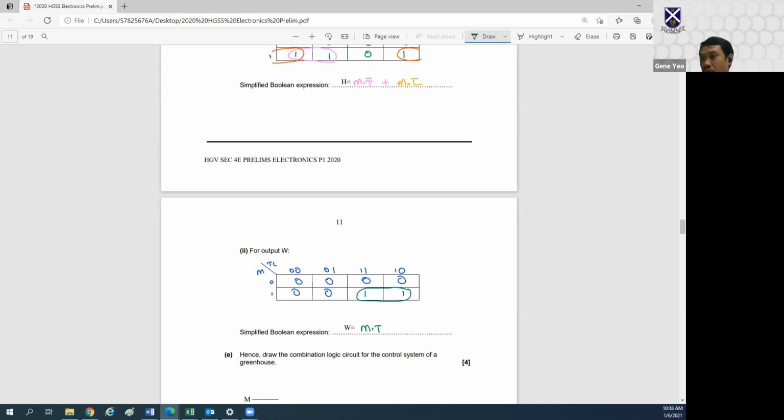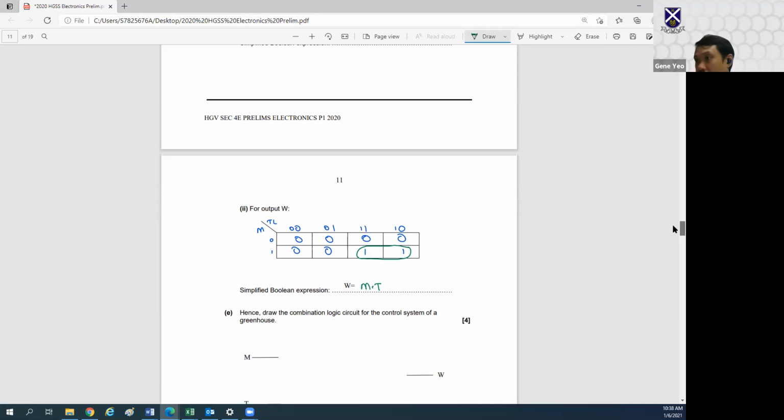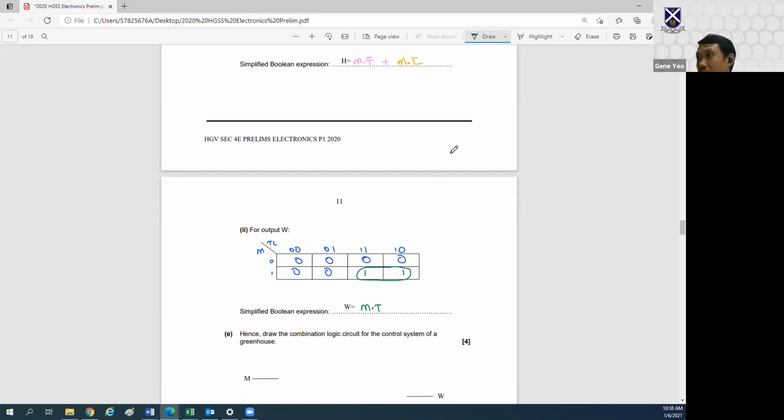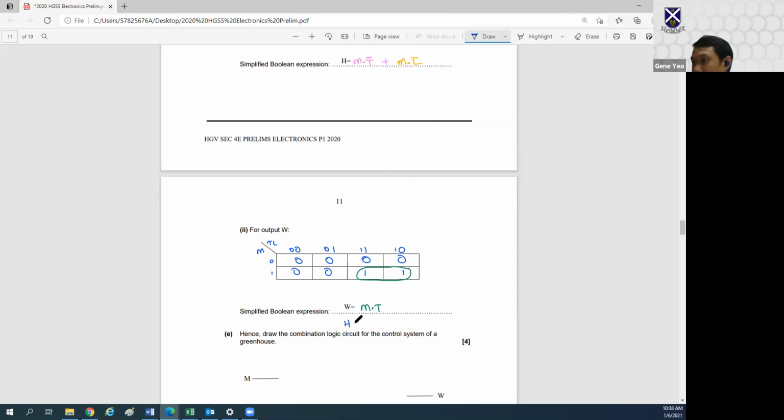Okay, let's move on to actually drawing out the circuit using the various gates. I'm going to write down the H output here, so I don't have to keep going up and down. So H is M and T complement or M and L complement.